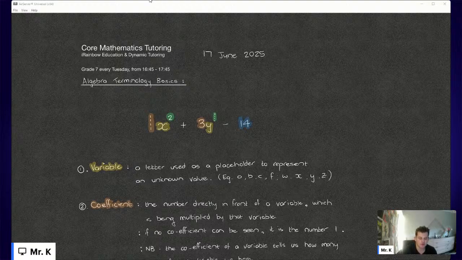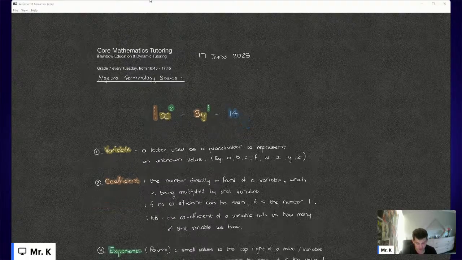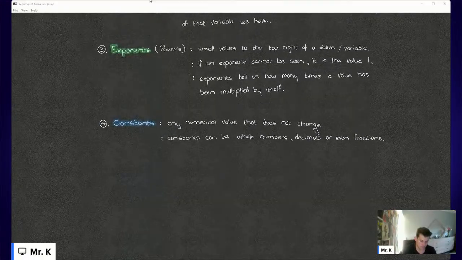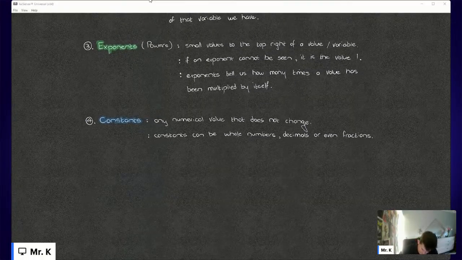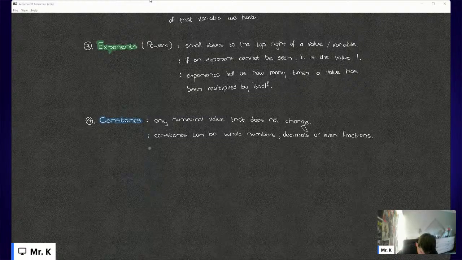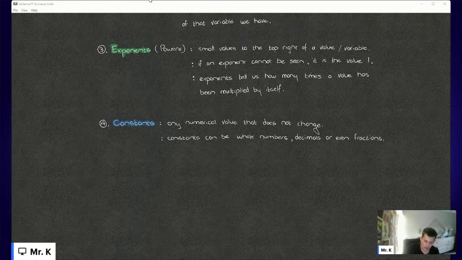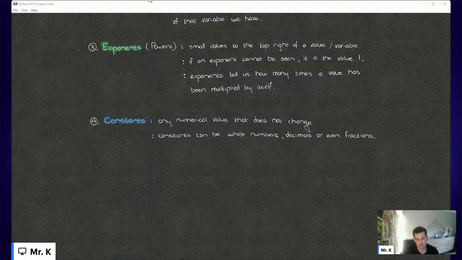Its value doesn't depend on anything else, and its value is not going to change during the course of our calculations. Constants are any numerical value that does not change.